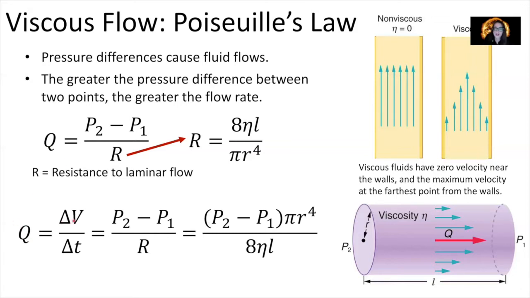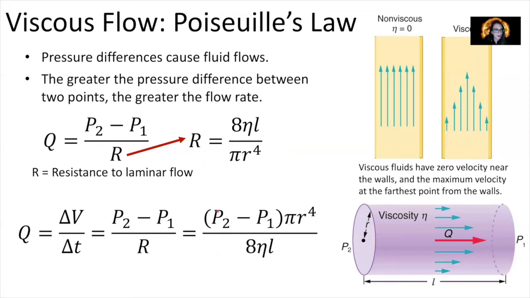So the flow rate is the change in volume per time. We can write that as the difference in pressure over our resistance to laminar flow. And so then we've got the difference in pressure times, 1 over R would be the inverse of what we're seeing right here. So then we multiply the difference in pressure by the inverse of this quantity that we're calling the resistance to laminar flow.